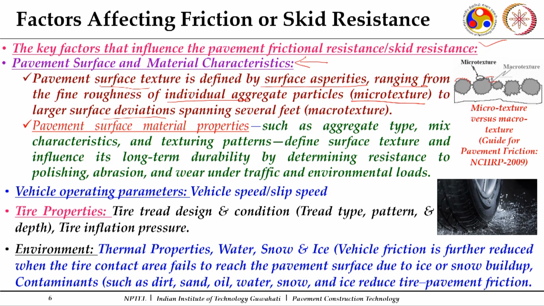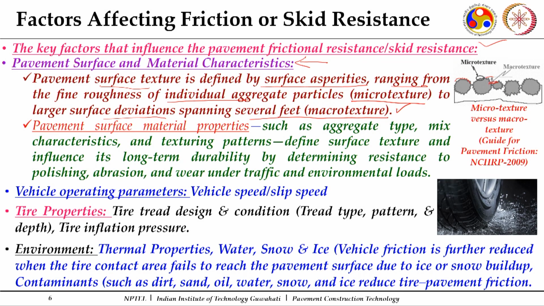These are larger surface deviations specifically which come from your gradation. So, deviations are spanning several feet. So, this forms your macro texture in this particular large surface deviations. So, this specifically comes under your macro texture.